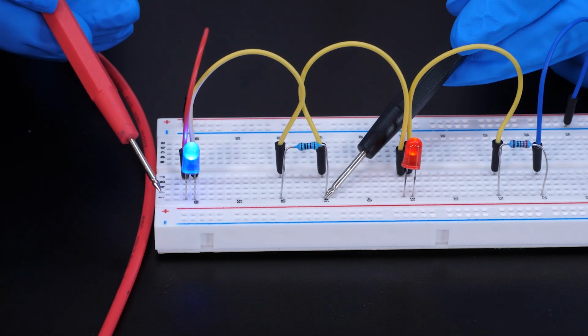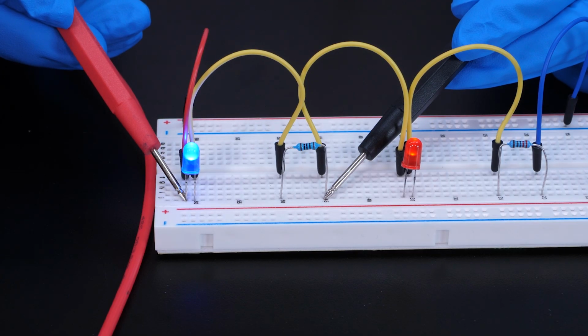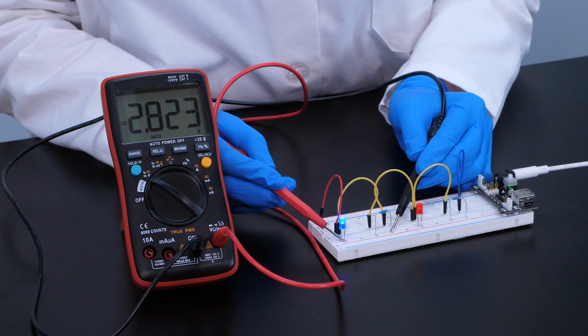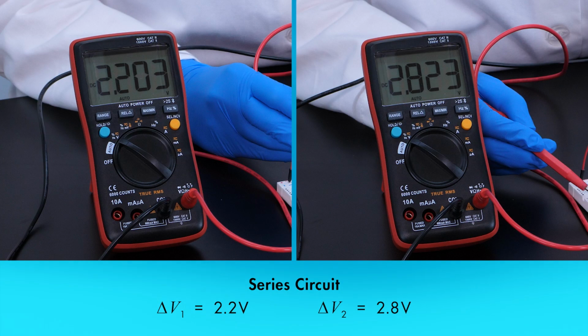Next, we determine the voltage drop across the second load, which is LED 2 and its resistor. The voltage drop for the second load is 2.823 volts, which we round to 2.8 volts. From this, we see that the voltage drop across the first load is different from the voltage drop across the second load, which is consistent with the definition of a series circuit.